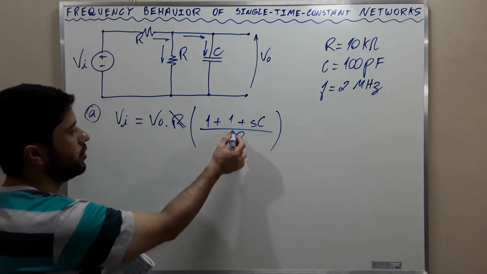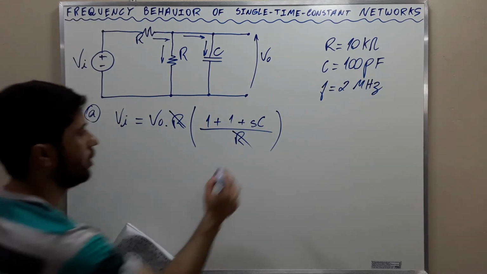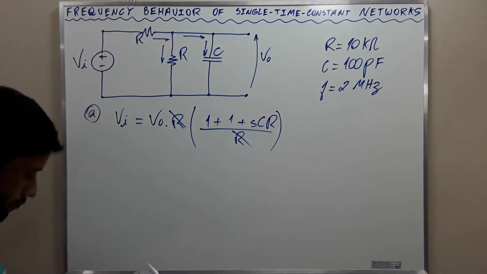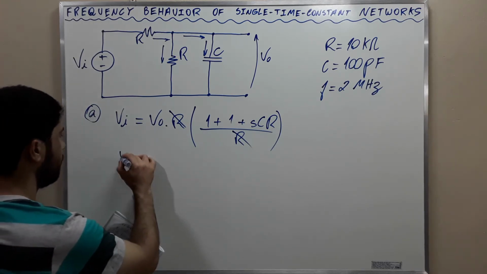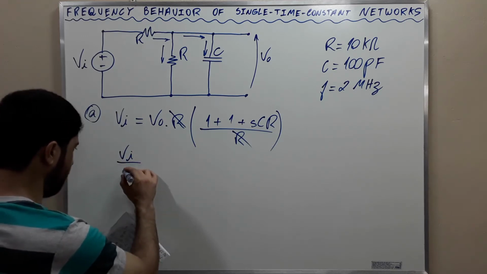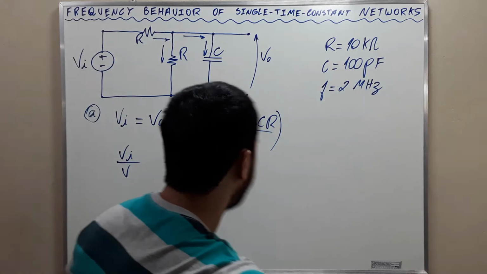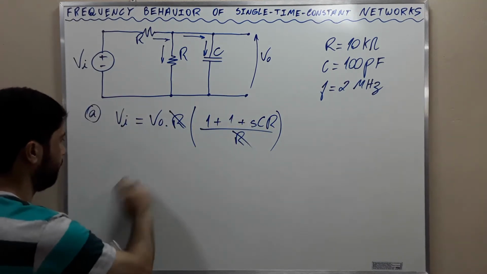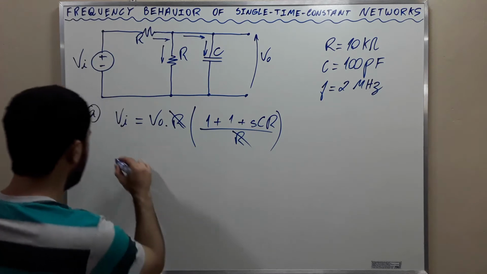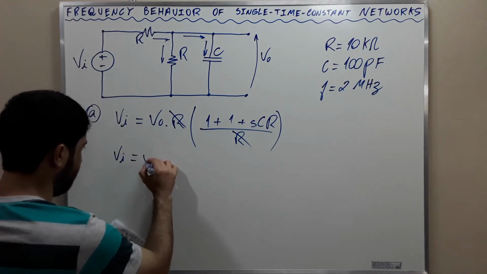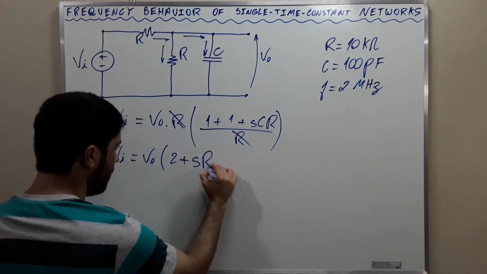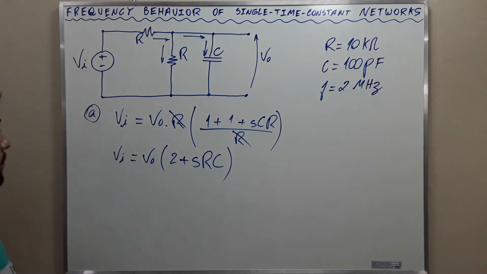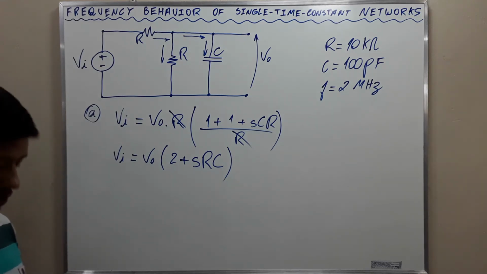And then we can cancel this with this. Alright? And ultimately we find that VI is equal to V0 times (2 plus SRC). Alright? We are almost there. We are almost at the expression of transmission.